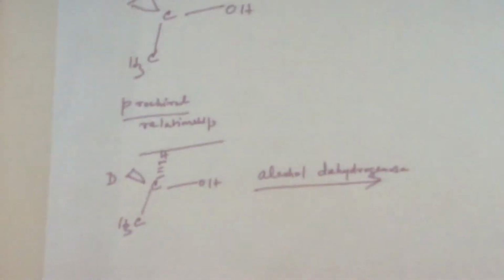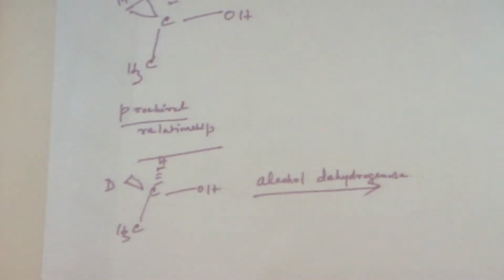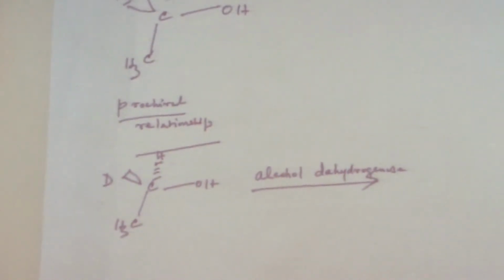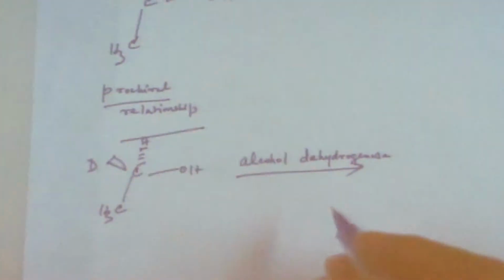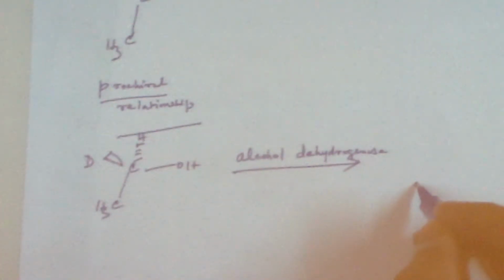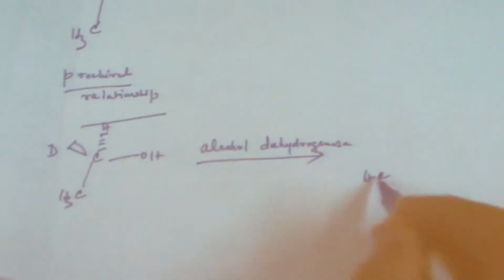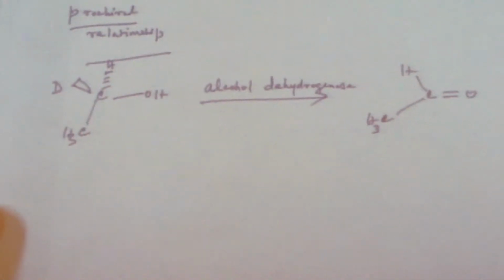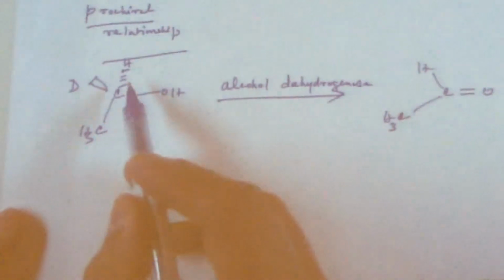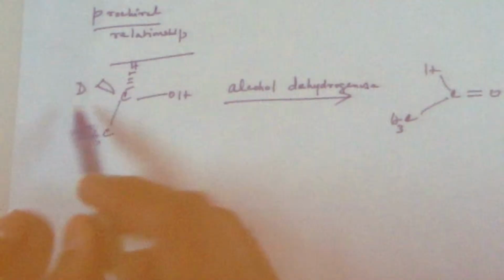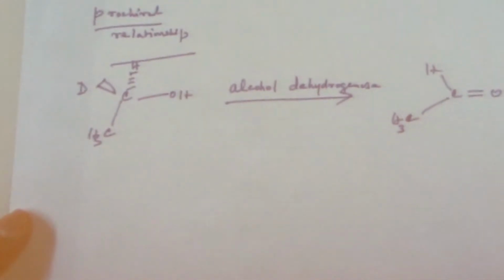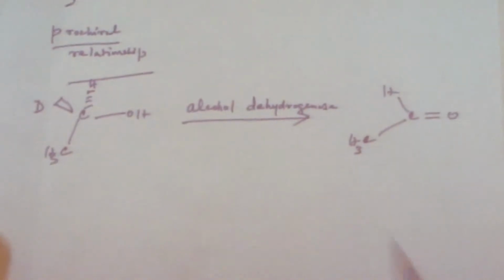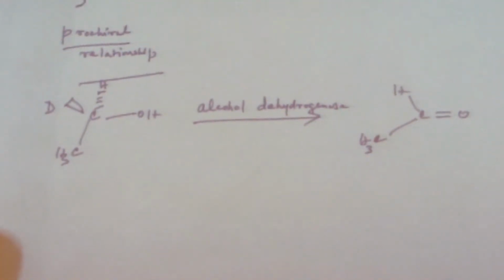The alcohol dehydrogenase very specifically picks up, in this molecule, the deuterium, and converts it to acetaldehyde. This is an achiral compound, but the important thing is that it would not pick up this hydrogen. It is specifically going to pick up this deuterium. And likewise, if you put the deuterium in the other position, the deuterium will remain, and the hydrogen will be picked up by this enzyme.